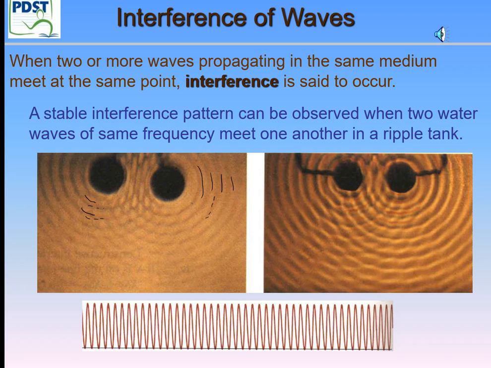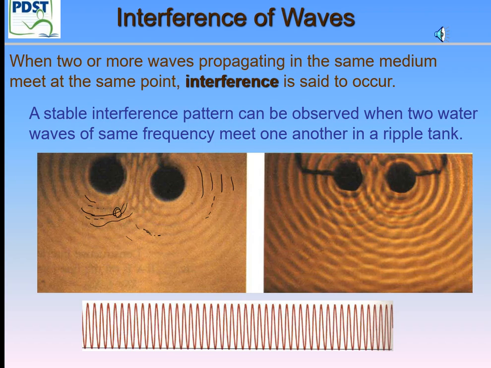So these ripples, they are cutting each other. You can see here where they are cutting each other, the wave is getting bigger. I mean, where the crests are cutting each other, the wave is getting bigger. But you can see where the troughs, so this is a trough, is cutting a crest. It's like there is no wave there. The waves are canceling each other.